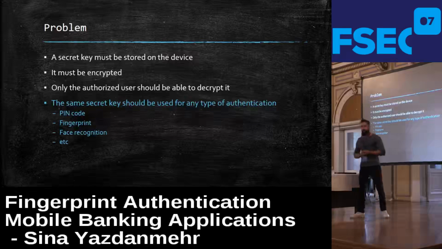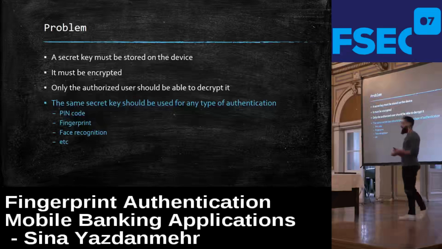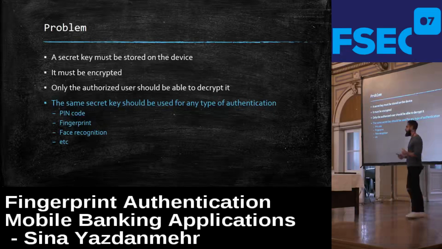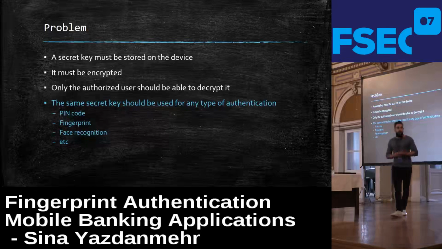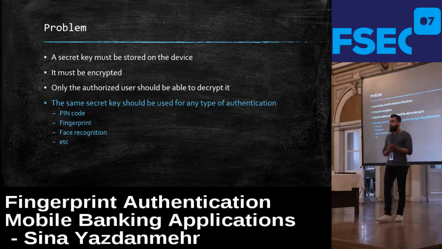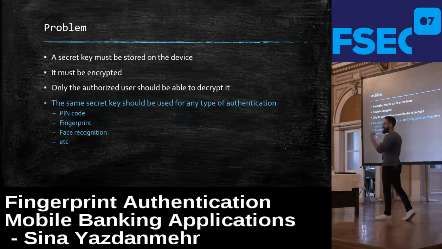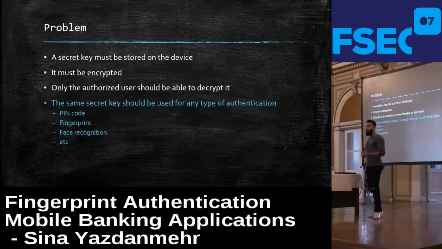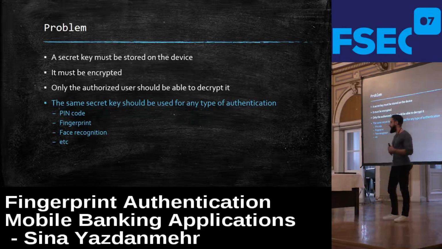It can be fingerprint authentication, face recognition, any other type of biometric authentication, or the traditional one, PIN code authentication. Why? Because the OTP is based on this secret key. If you use a different secret key, the server-side app cannot validate the generated OTP. So for any type of authentication, the secret key must be the same in your application.